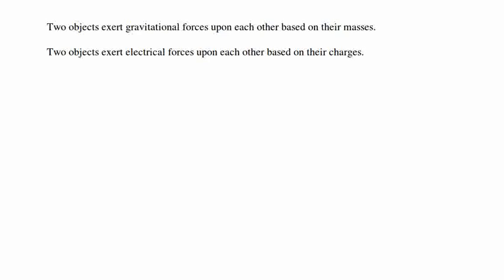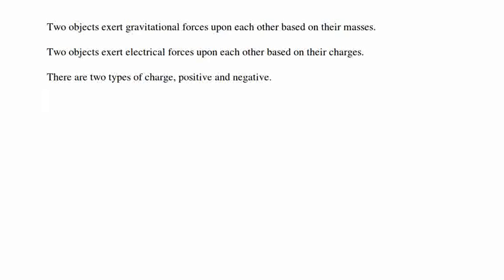So there are two types of charge: positive and negative. We never said that there were two types of mass. We would measure mass in kilograms, and there weren't different flavors of mass.